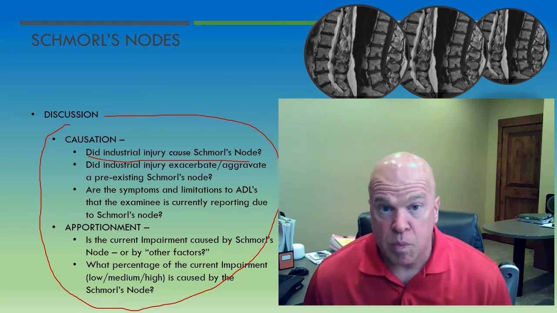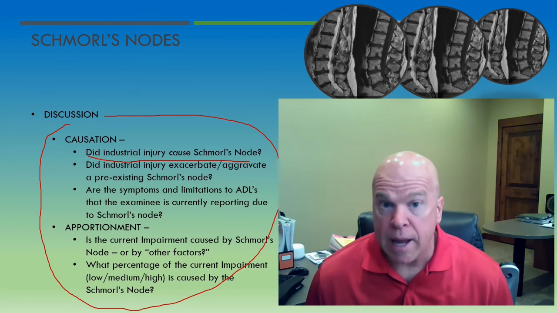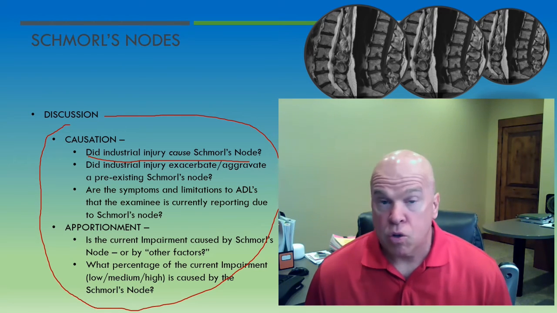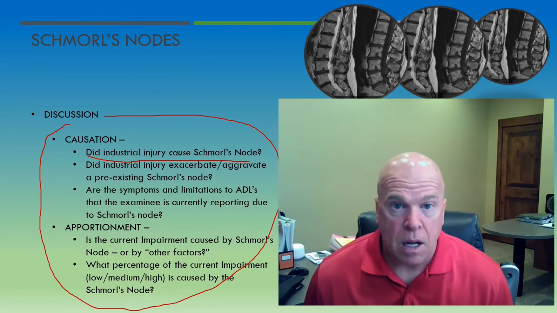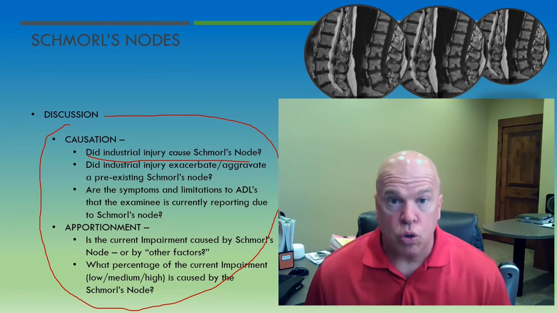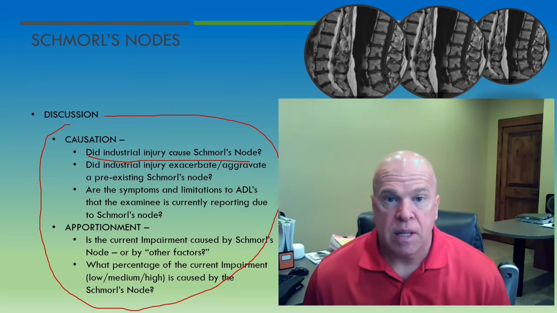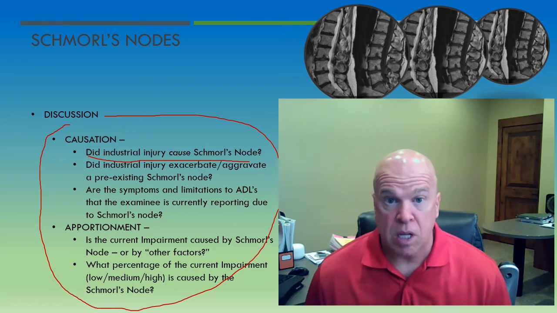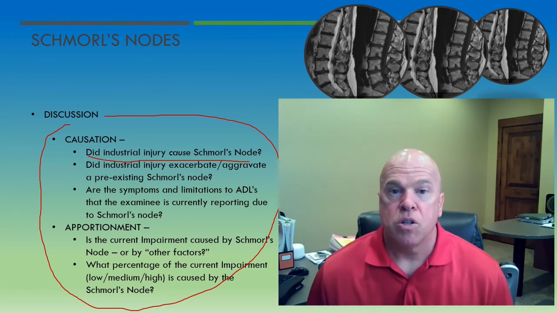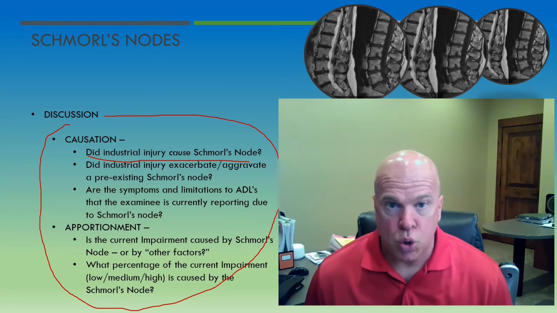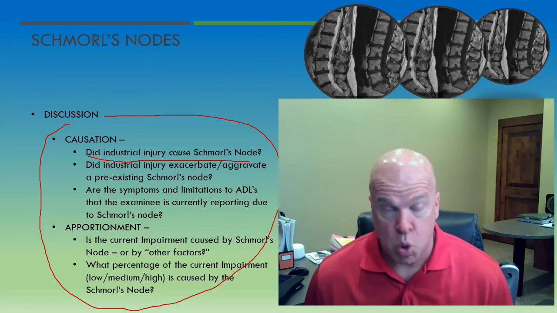Or on the other end of the spectrum, it may be your determination that because there were no high axial load forces described in the mechanism of injury, and there were no high mobility or torsional stress forces on the spine in the mechanism of injury, that you may determine that the industrial injury is responsible for a very, very low percentage of the permanent impairment, whereas the majority of the permanent impairment is due to a pre-existing symptomatic Schmorl's node.